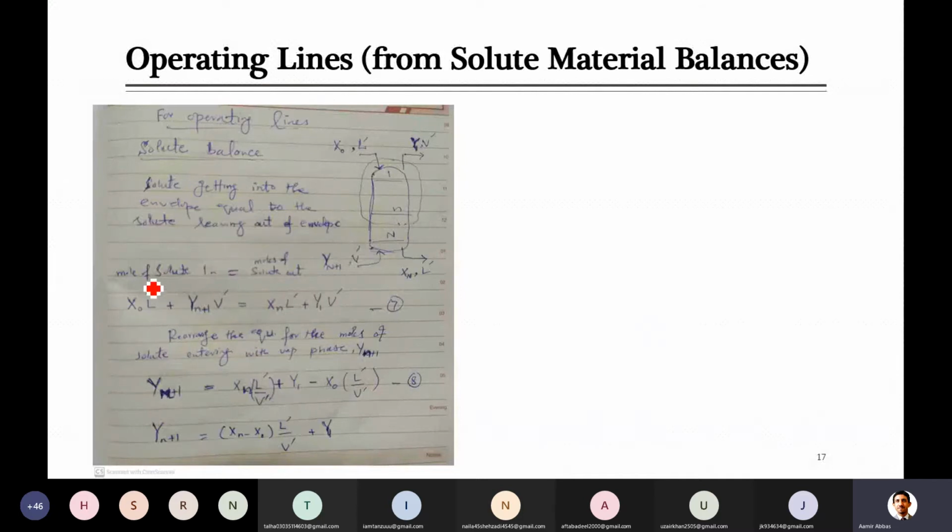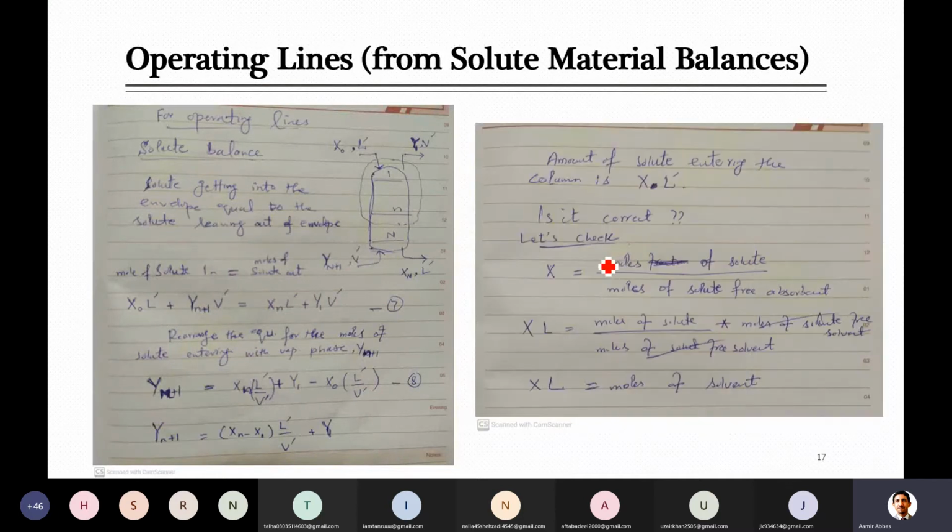Overall, if I write here for you, since some of you are confused, X capital was equal to moles of solute over moles of solute-free absorbent. If I multiply this by the moles of solute-free solvent, this will cancel, and at the end of the day this is moles of solute. So X L prime is the moles of solute entering our system with the solvent.